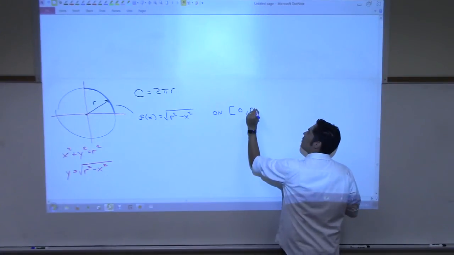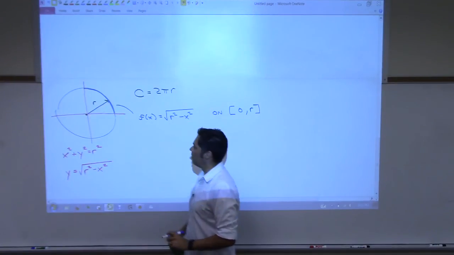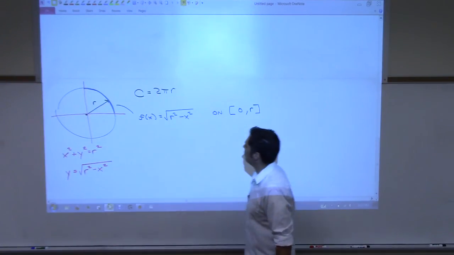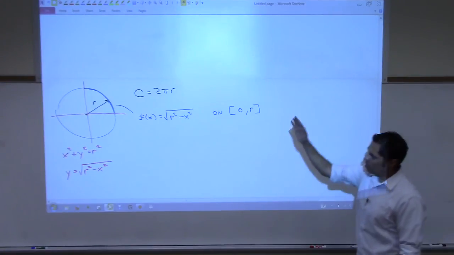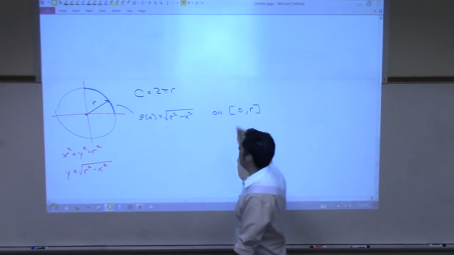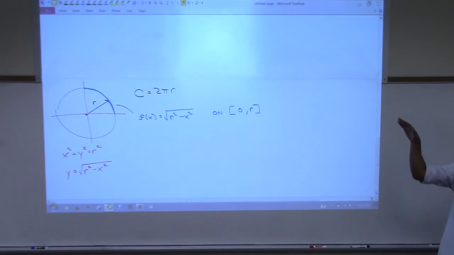So if it was the unit circle, yes, it would be 1, but we're doing an arbitrary radius, okay? That's why this is important in the problem. I can draw that blue curve as long as I do this function on that interval. So why don't I find the arc length of that function then? And wouldn't that give me the length of that little quarter circle? And then I multiply times 4, and that would give me the length of the whole thing.